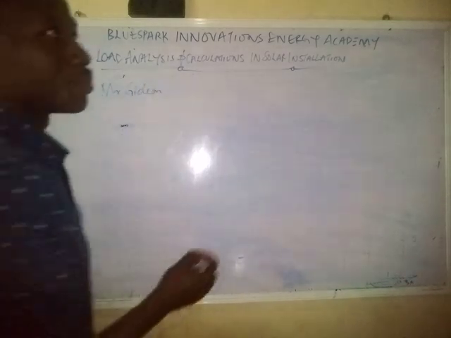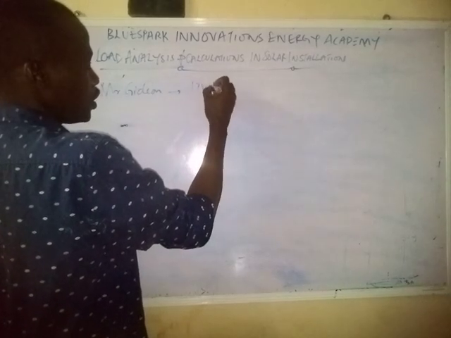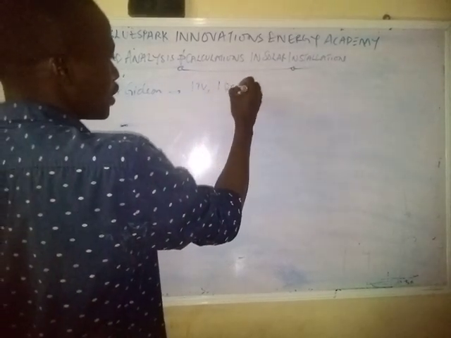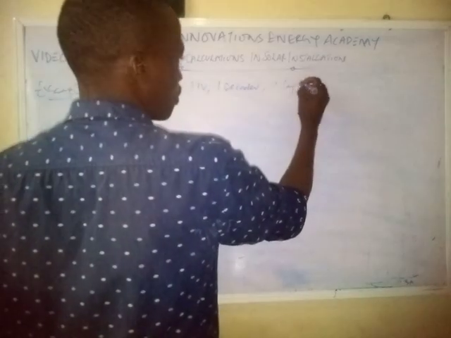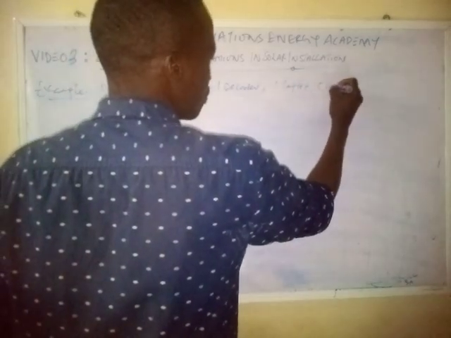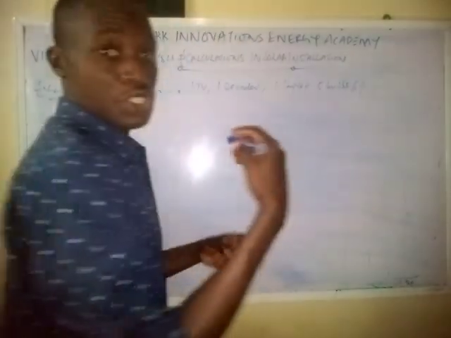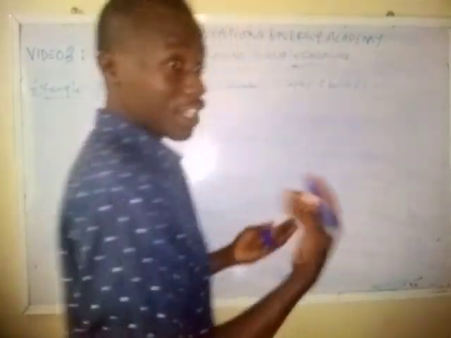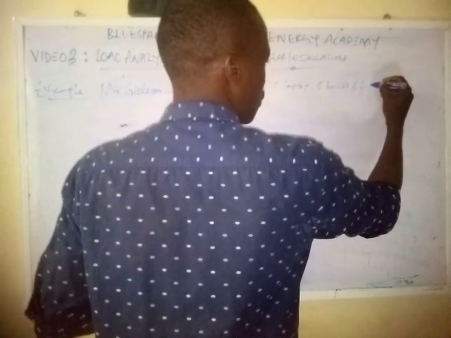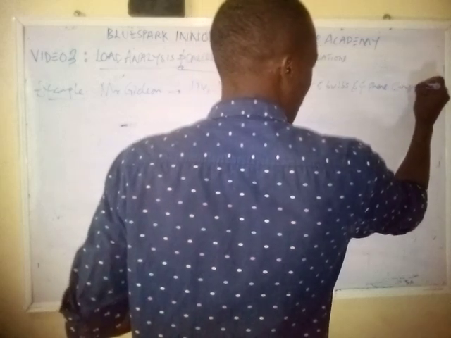Mr. Gideon has one TV, one decoder, one laptop, 5 bulbs, and 4 charging ports. He wants to charge 4 phones. Let's say he's using fast chargers, 4 phone chargers.